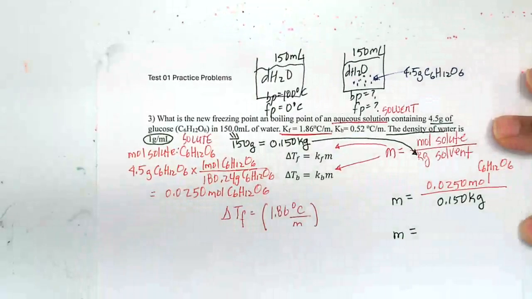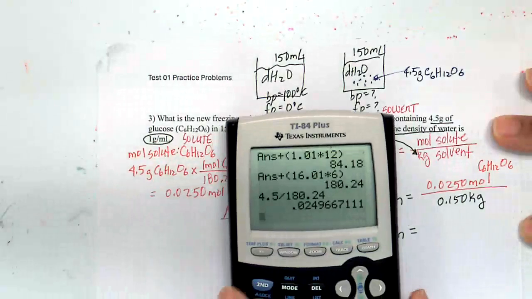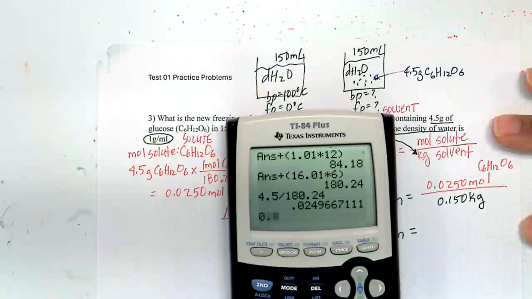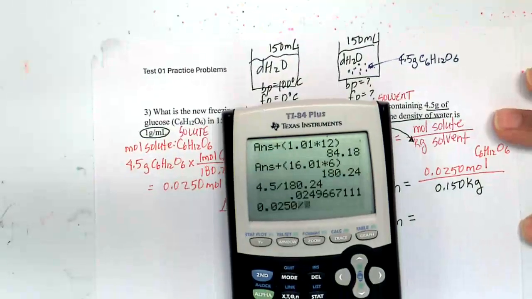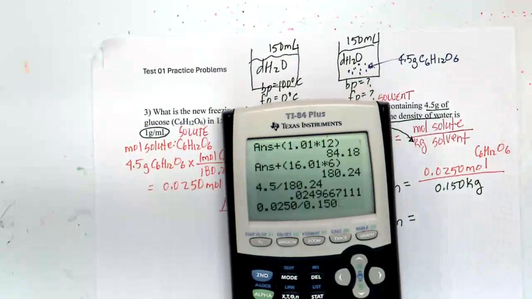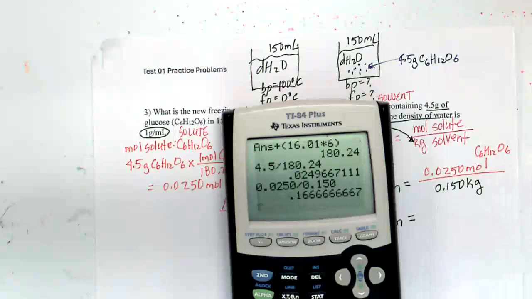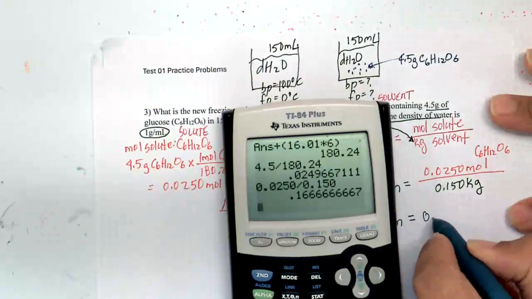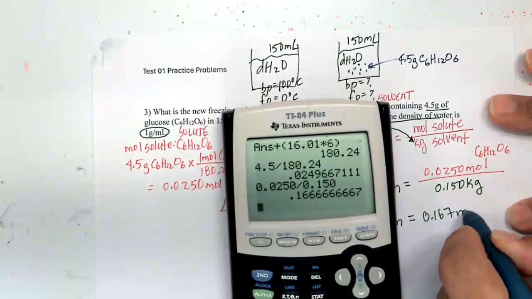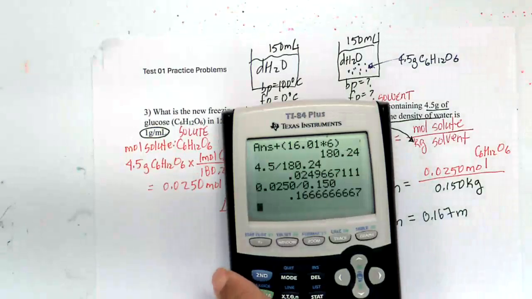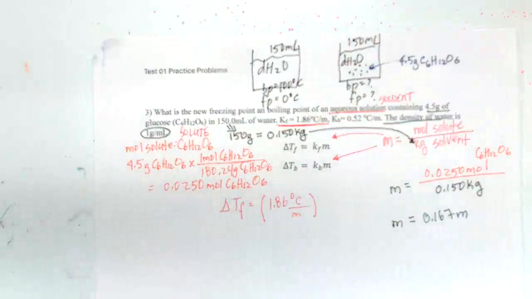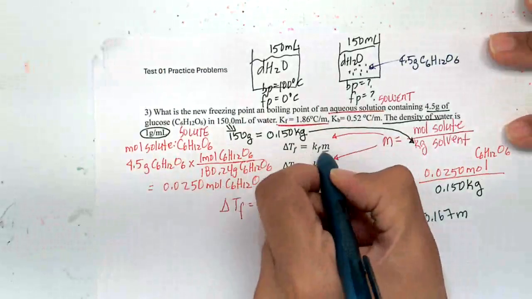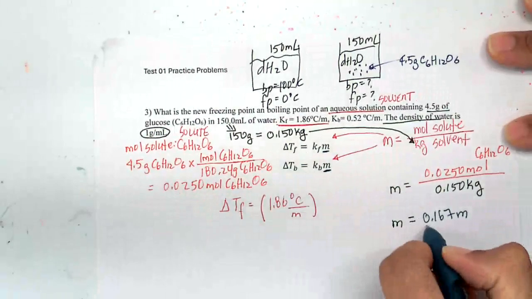And what is this on our calculator? 0.0250 divided by 0.150. 0.167? Is that what you guys are getting? Lowercase m. So this is our m that we see here. Okay.